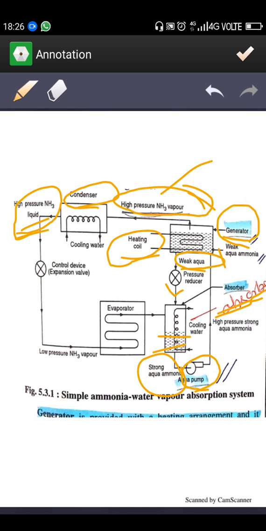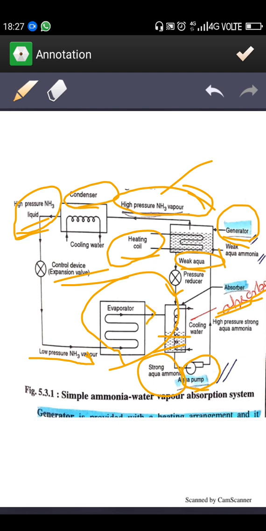When this high pressure liquid passes through the expansion valve and comes to the evaporator, it suffers a pressure drop, and because of this pressure drop its temperature also drops. Due to the drop in temperature, when it comes into the evaporator, it absorbs heat from the evaporator and a phase change occurs. This low pressure NH3 liquid changes its phase and becomes vapor.